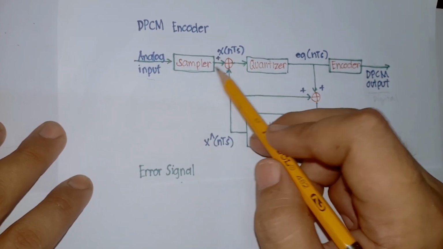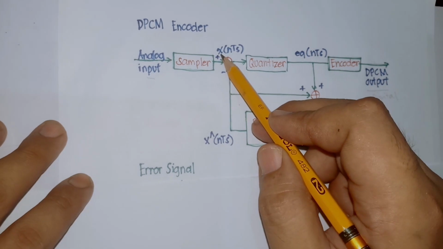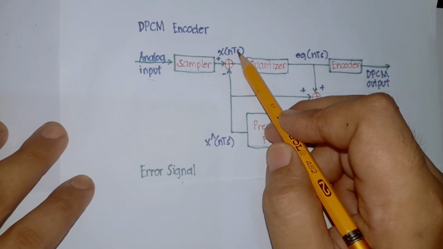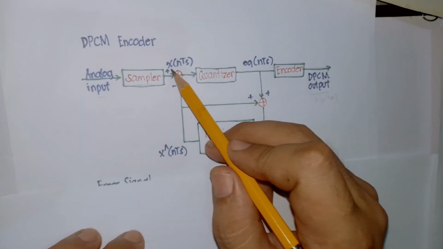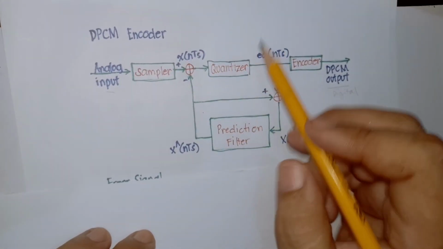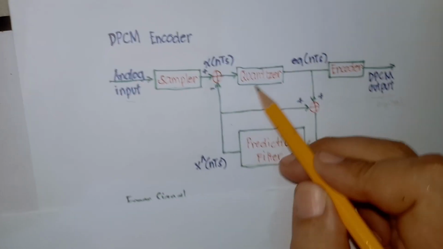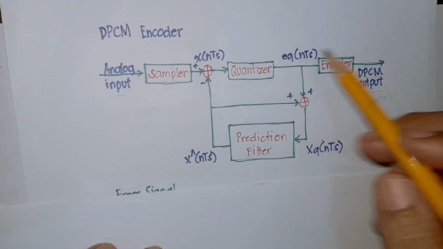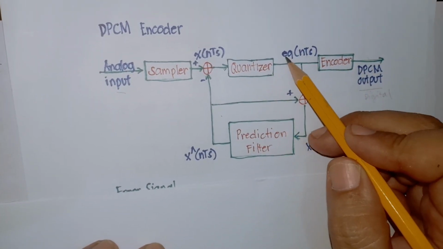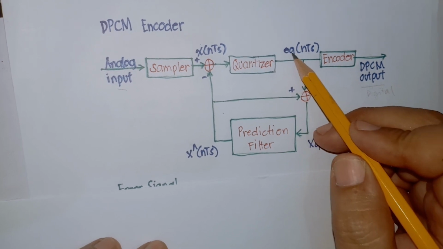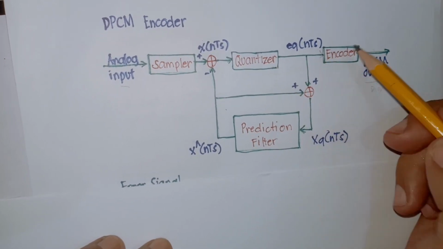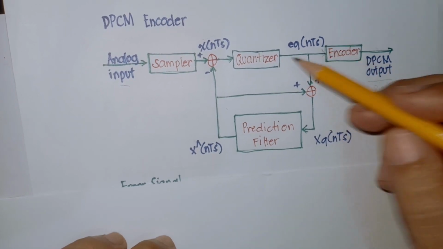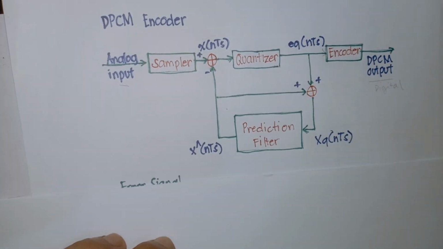So, kapag nandito siya sa sampler, siya ay magiging quantized input, kasi papasok siya dito sa quantizing agent. Tapos, from quantizer, ito naman yung error quantized output, dahil palabas siya ng quantizer. Ito na yung product ng quantizer palabas.